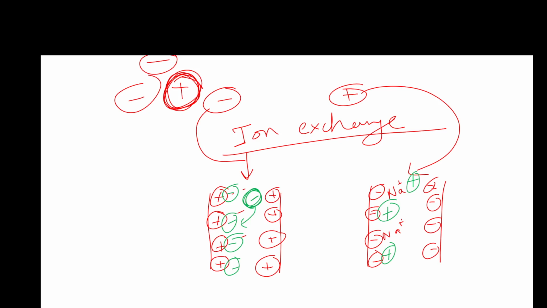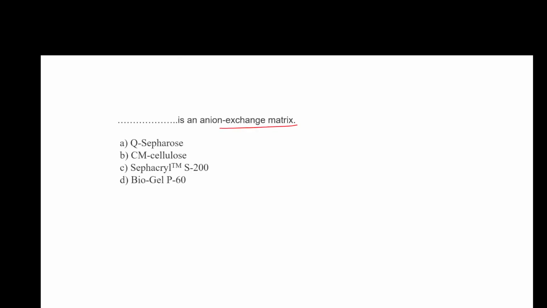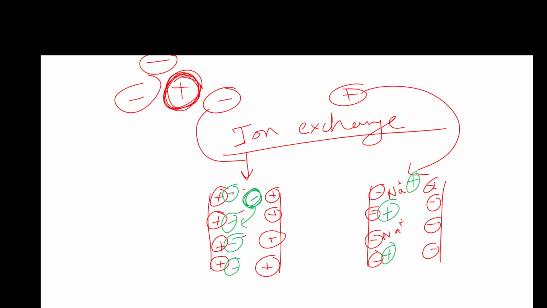In the first question that has been asked, the exchange of anions is happening, so this will be called anion exchange chromatography. And here the exchange between the positive ions is happening, that is why this is called cation exchange chromatography.